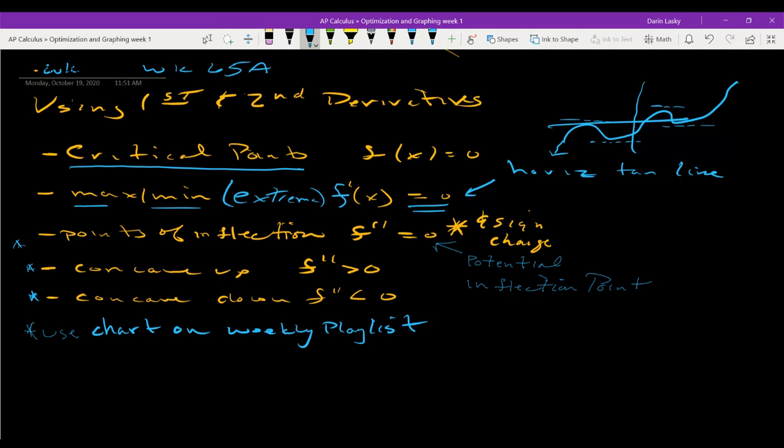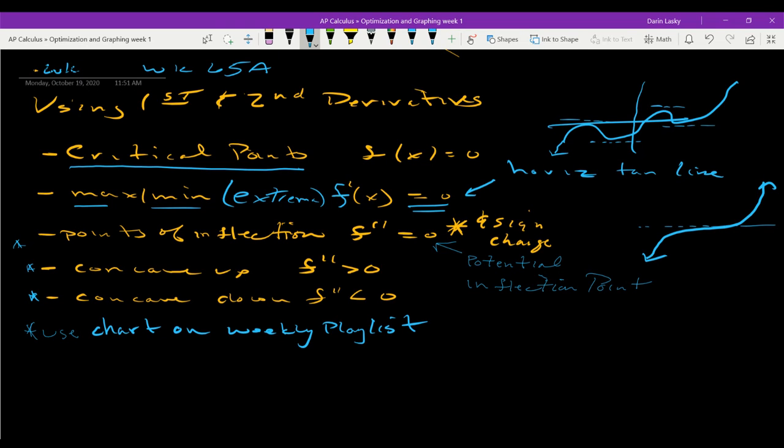So an inflection point is something that looks like this on the original graph. It goes like that. So an inflection point is where we have a horizontal tangent line, but it changes from a concave down, see how this has got a curve down here, to a concave up piece.